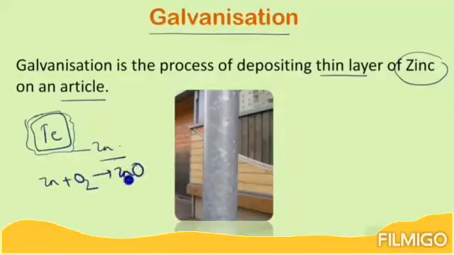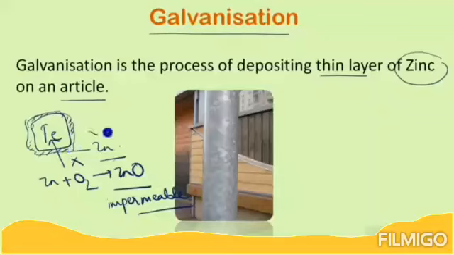This zinc layer combines with oxygen from air and forms zinc oxide and coats the surface of the metal. And this zinc oxide layer is impermeable. Thus, it prevents further oxidation of iron and protects it from rusting.